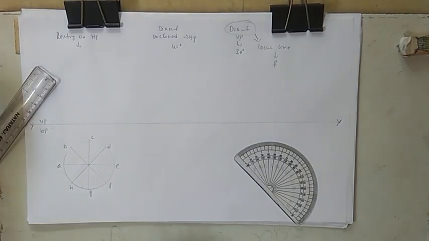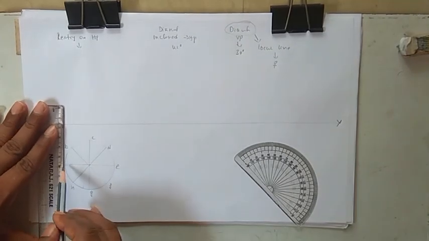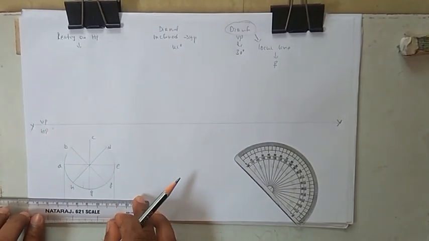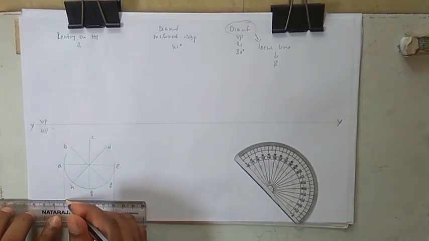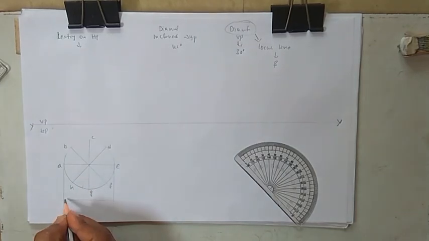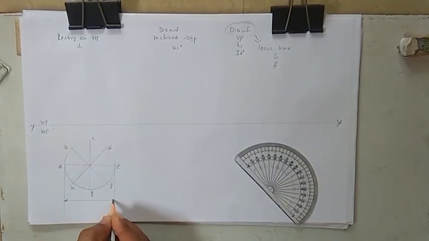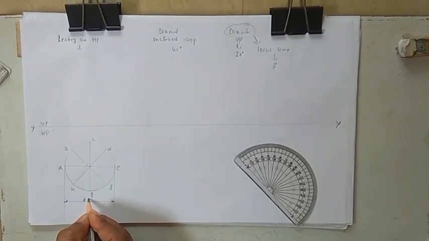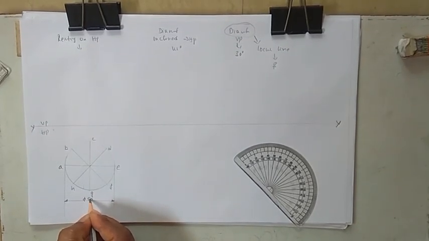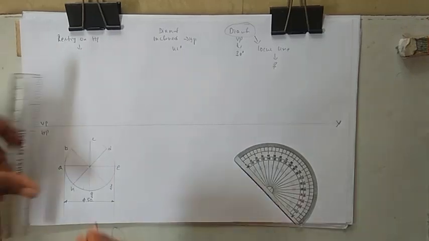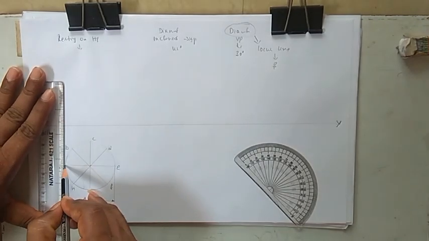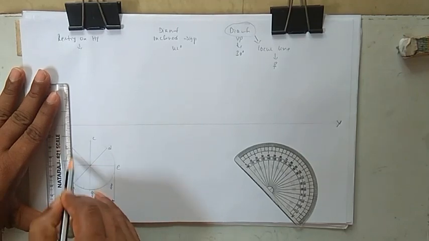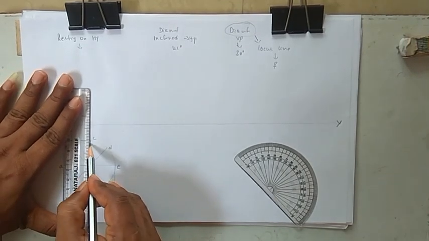Now to do the dimension, take a downward line. Make sure we always write the dimension above the line. It is the symbol phi, used to show the diameter, and it's 50. Next, take projections from each point.